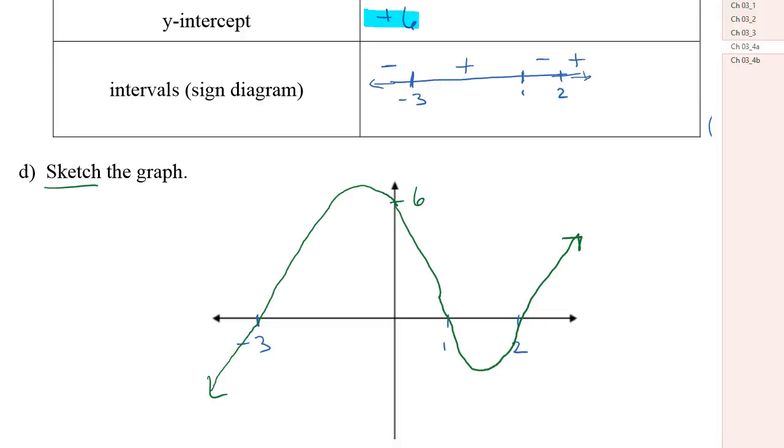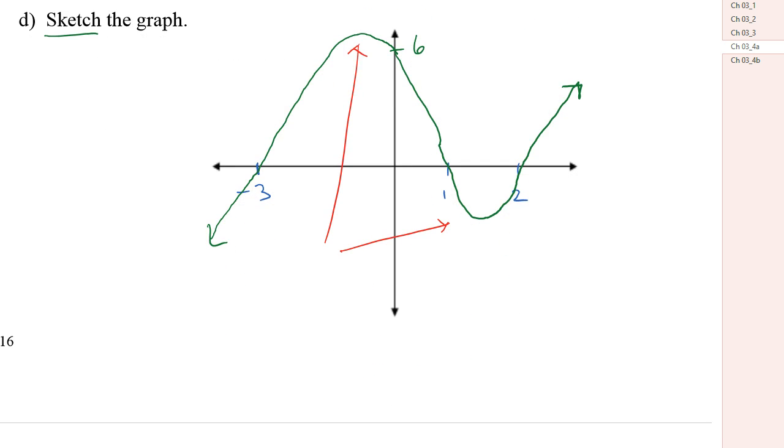A couple of things. Note, we don't have to worry about knowing the maximums or minimums.